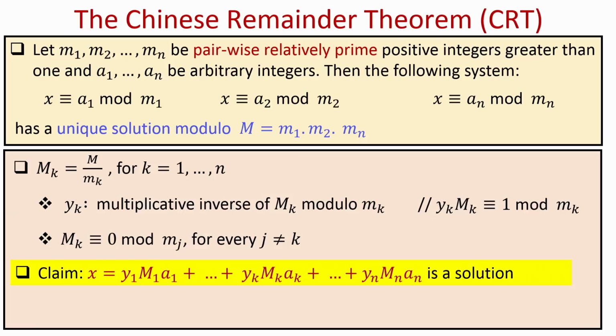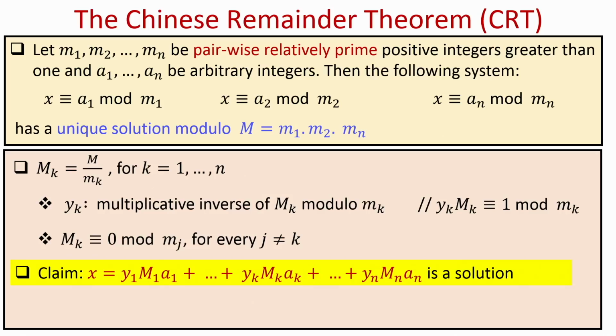Now, remember the proof strategy was that I want to express my unknown x as a special linear combination of my remainders a 1 to a n, and my claim is that now I have obtained those special linear combiners.